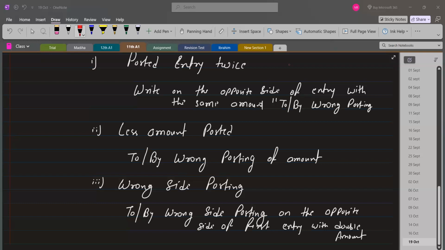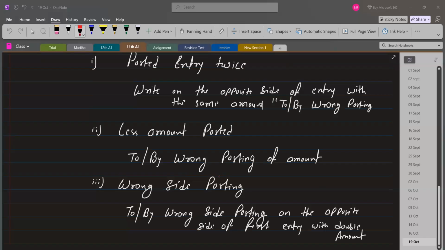So what is this less amount posted, by wrong posting of amount? Less amount posted means when you write an amount lower than what should be written. Like you want to write 5,000, but by mistake you have written only 500.